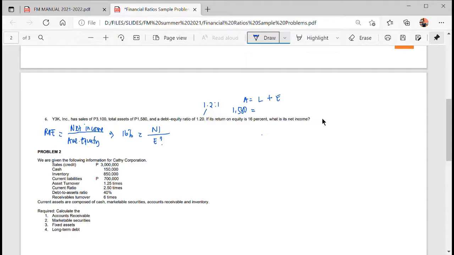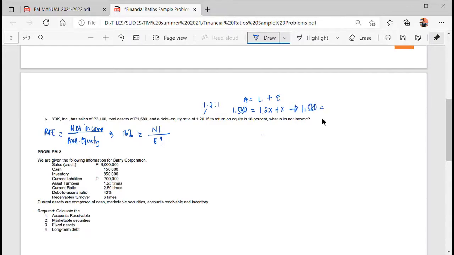We have the ratio here for the debt to equity, so we need to determine the equity portion. Let us use x as a substitute for your equity. Remember that your debt is 1.2 times your equity. So that's 1.2x plus x, which equals 1,580.